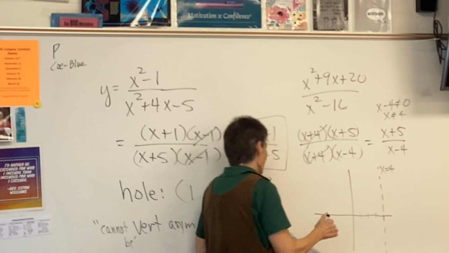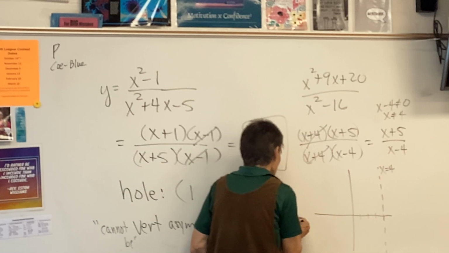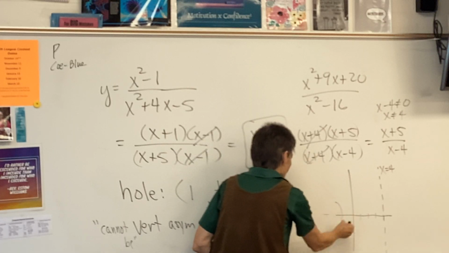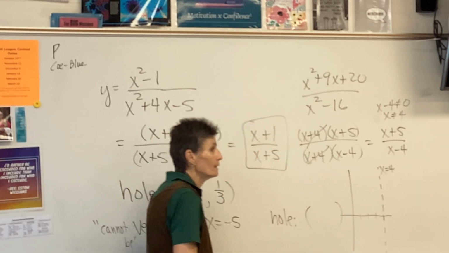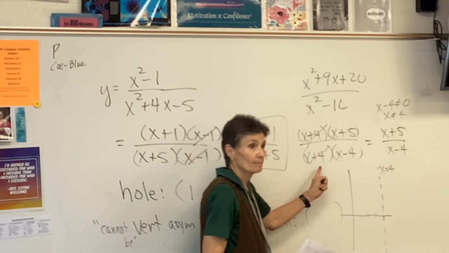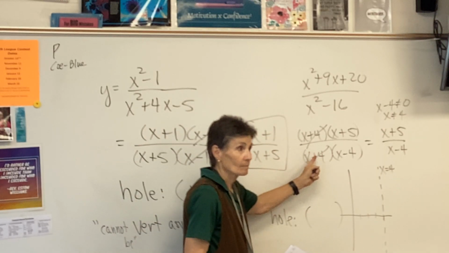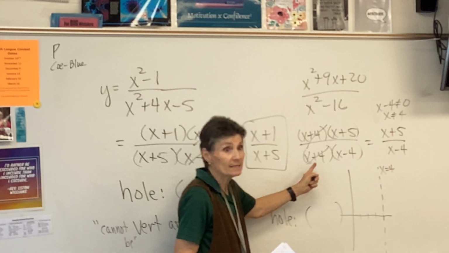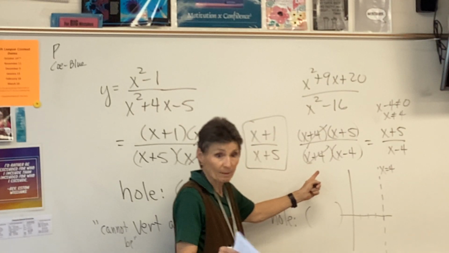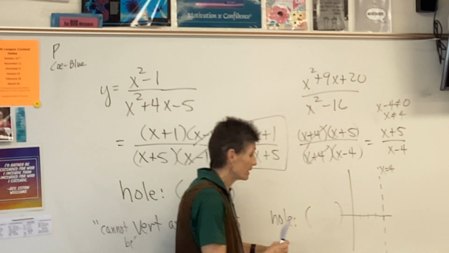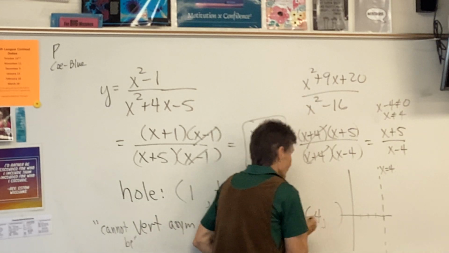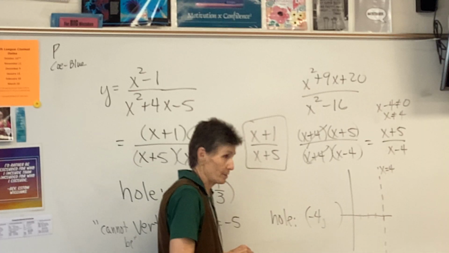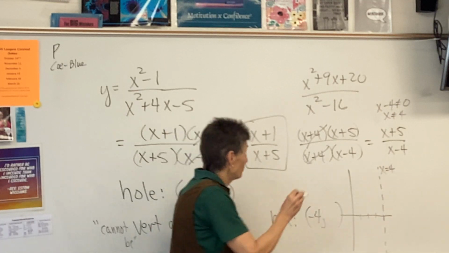Now, what about a hole? Because I canceled, I know I'm going to have a hole. Where will the hole be? What canceled out? Not 4, negative 4, right? It's in the parentheses. Negative 4. How do I find the y coordinate? You plug it in. Plug it in right here.